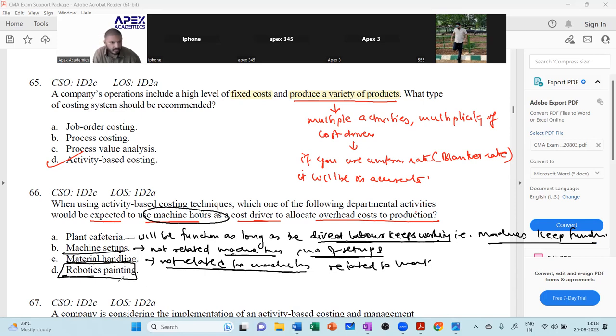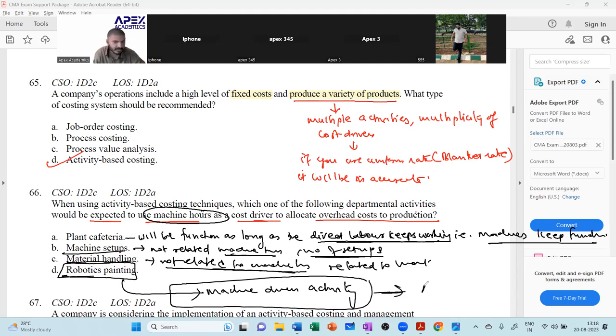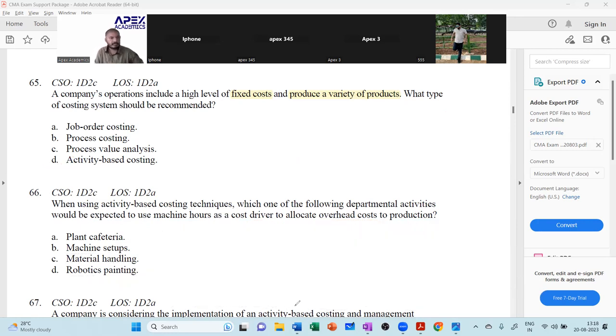But robotics painting, robots are used for painting. Robots used for painting is a completely machine-driven activity. Therefore, this will be allocated on the basis of machine hours. Are you understanding? I'll repeat. See, plant cafeteria.